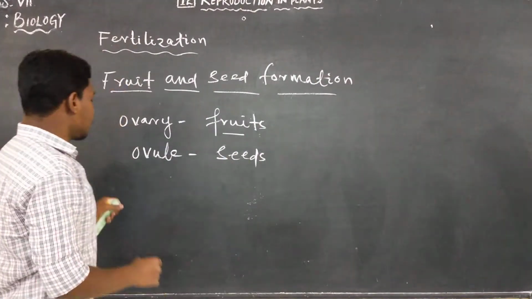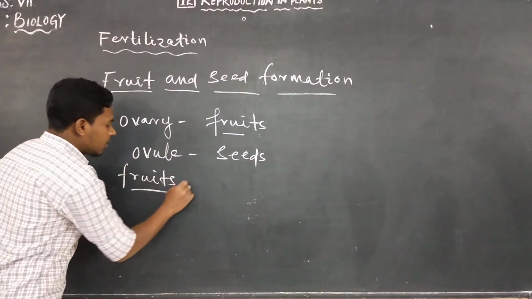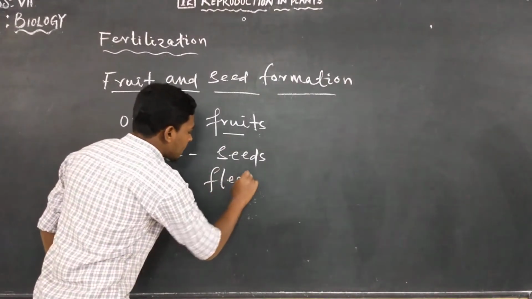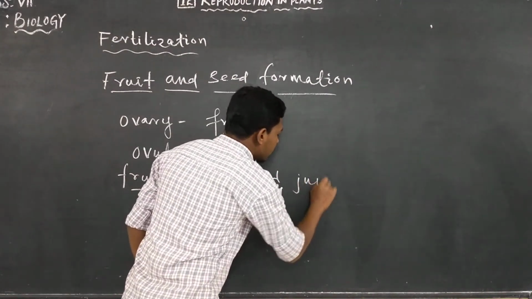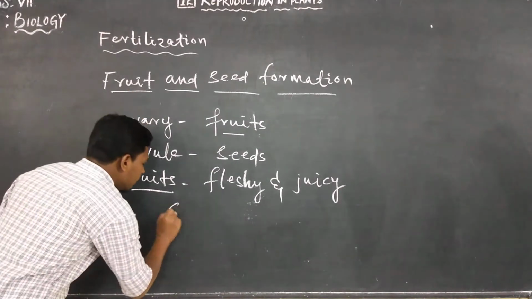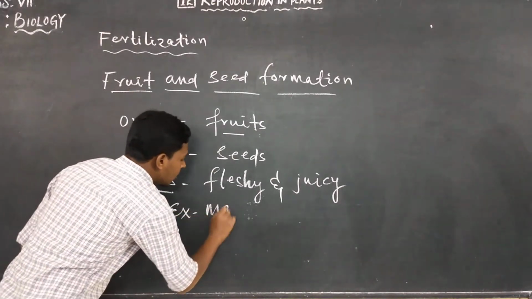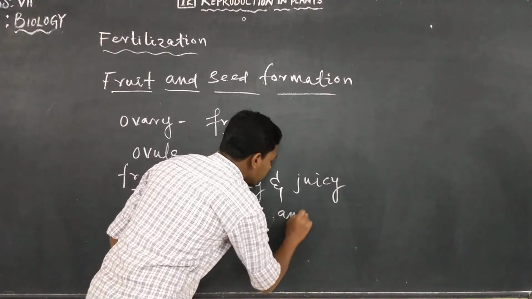And some of the fruits are fleshy and juicy. We find some of the fruits are fleshy and juicy, for example, mango and orange.